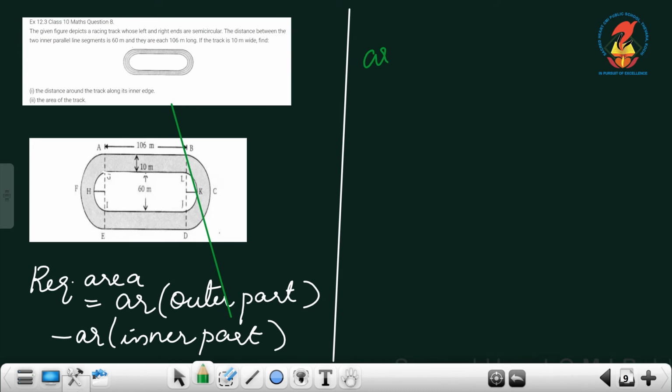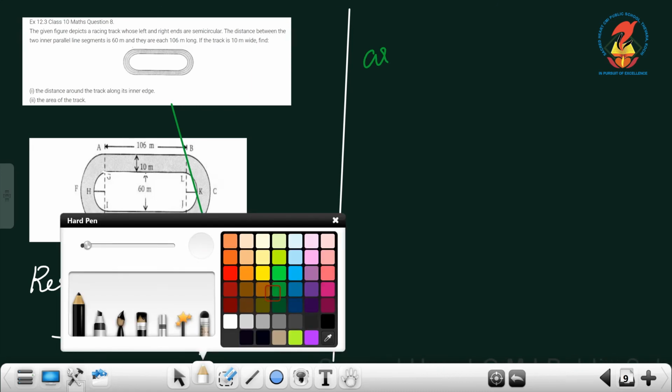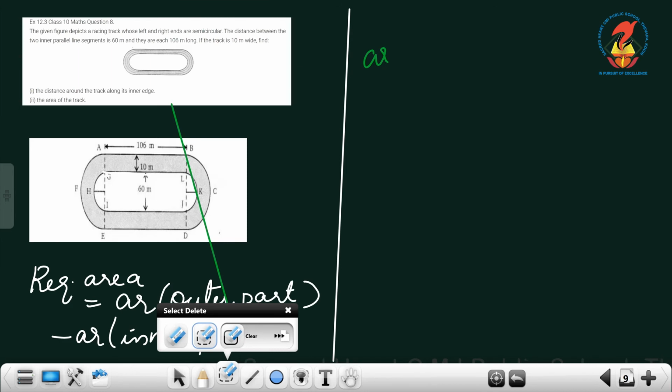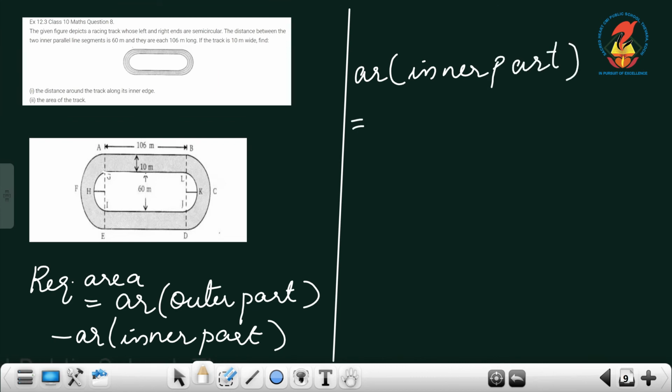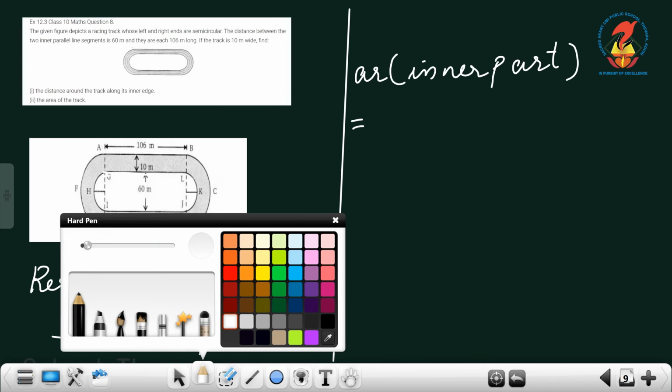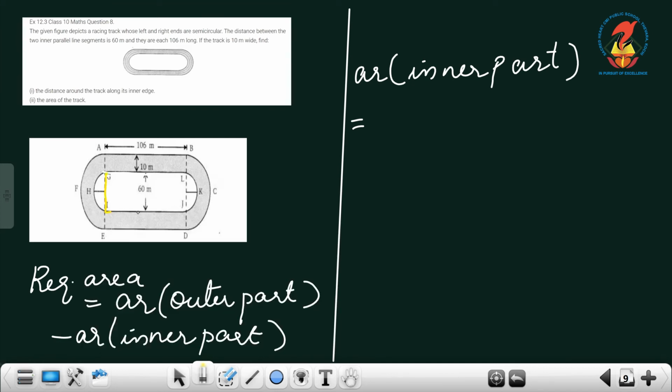Area of the inner part is equal to this rectangle and these two semicircular regions.